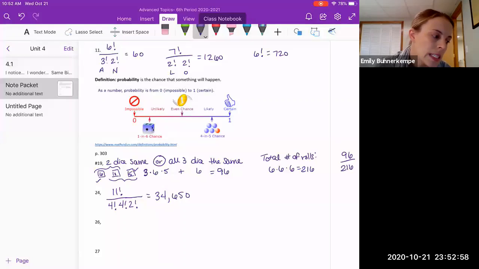Question number 26. There are 10 digits from 0 to 9. You are going to select an ATM PIN. The rules for that PIN differ from bank to bank. Assume that no valid PIN can have repeated digits. For each length given, find the number of possible ATM pins. So for part A, it says we're going to do a 1-digit PIN.